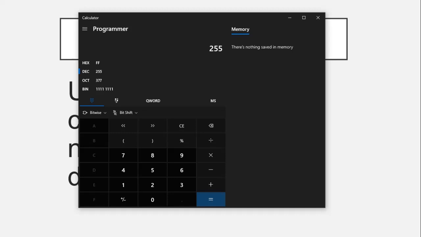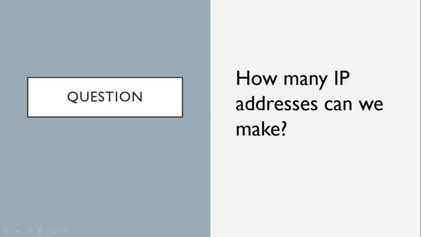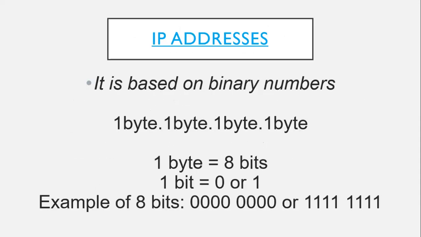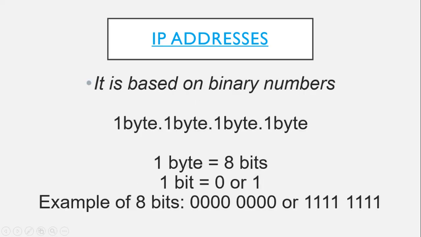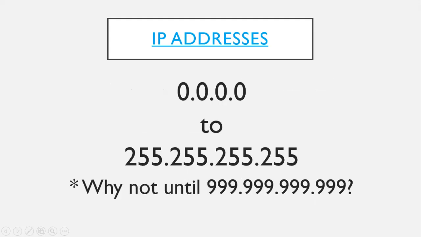That is the reason why you can only use up to 255 in your IP address, because each decimal number here can only have a maximum value of 8 bits, and the maximum number of 8 bits is 255 only. So that is the reason you cannot use more than that.